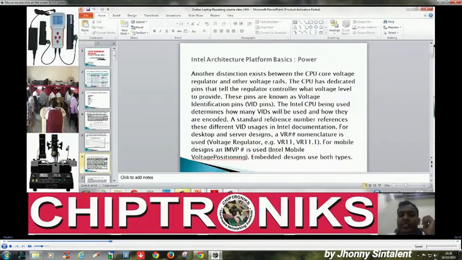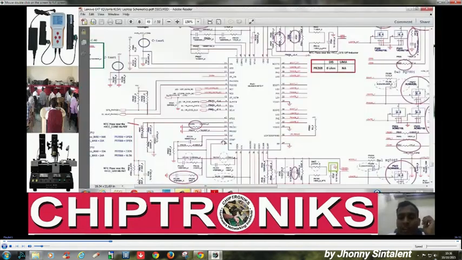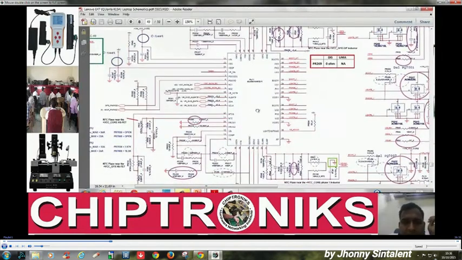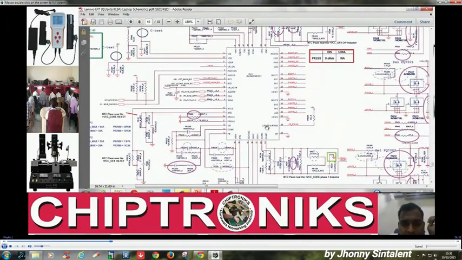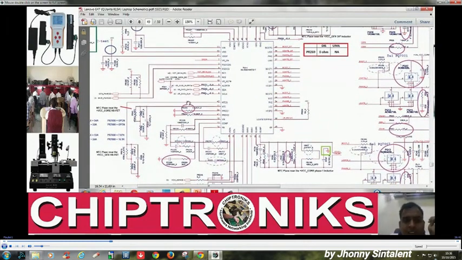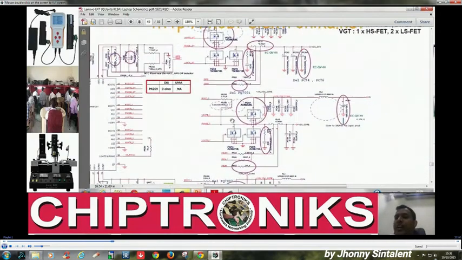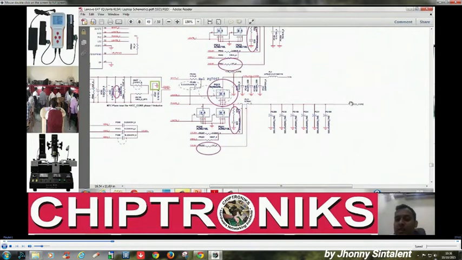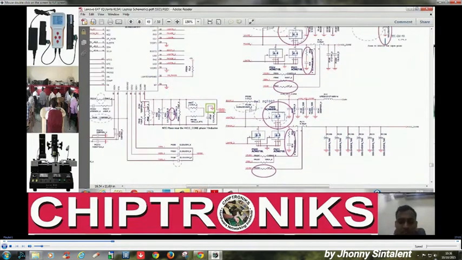You can see these VID pins in the voltage regulators, but this is IMVP, right? This IMVP is much different from the previous voltage regulators, and here you will find no VID pins. You will find just SVID data and clock. By this data and clock, it gets the inputs to rectify the core voltages. So this is another difference.